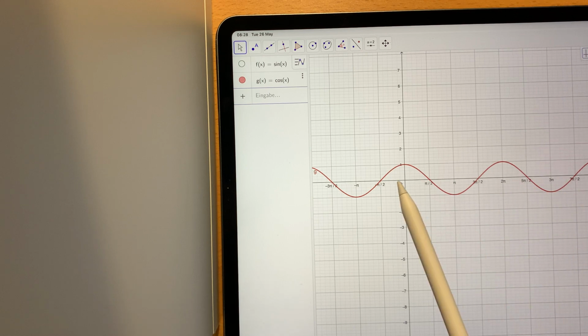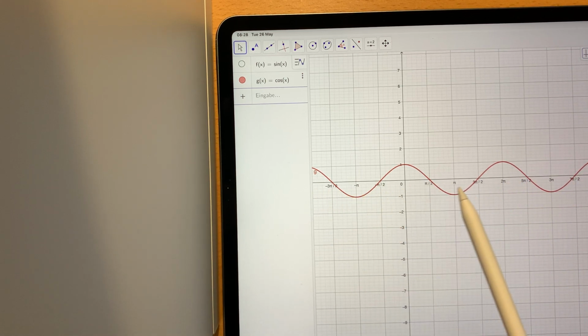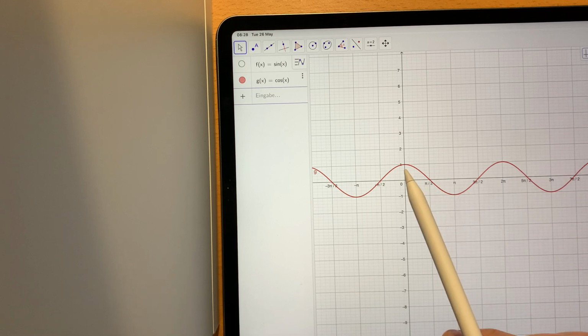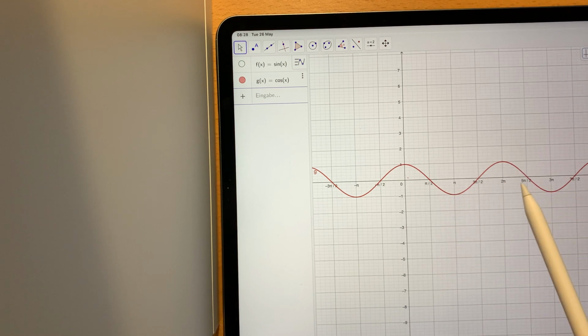Counterclockwise, clockwise, but it's the same up and down of the graph. So the x values are the radians, the arc length on the unit circle, and the y values are the values of the cosine for that particular arc length.